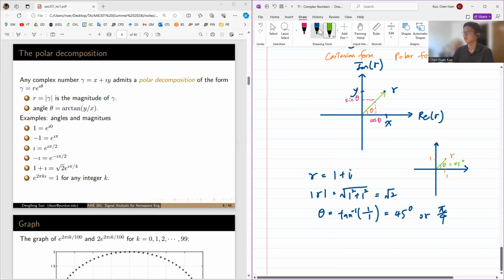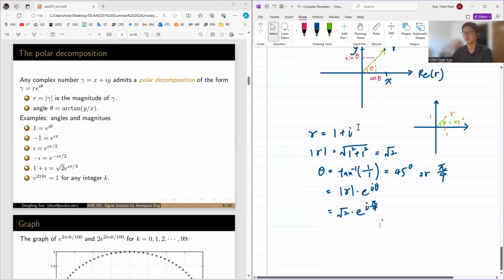Okay, now that we have determined the magnitude and the angle of the complex number on the complex plane, we can now express this complex number in polar form as gamma times e to the i theta, which is gamma equals square root of 2 times e to the i pi over 4.